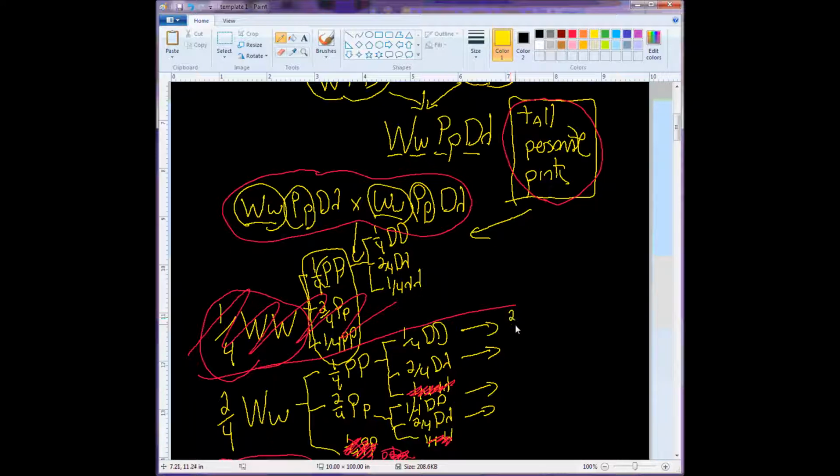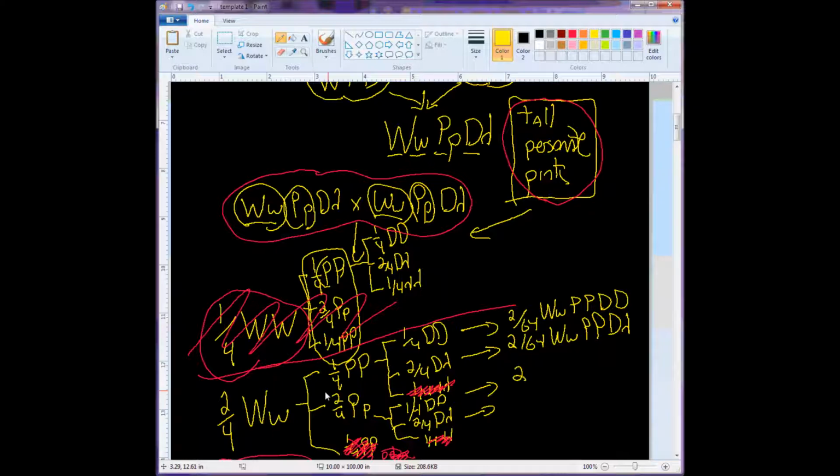We should have 2 out of 4 times 4 is 16 times 4 is 64. 2 out of 64 are going to be big W, little w, big P, big D, big D. And then for the next one, 2 out of 64 are going to have big W, little w, big P, big P, big D, little d.